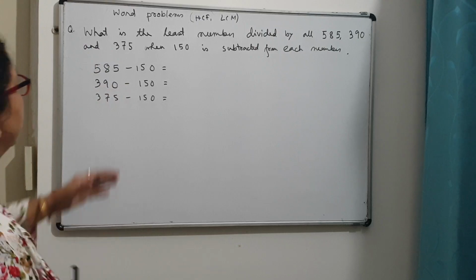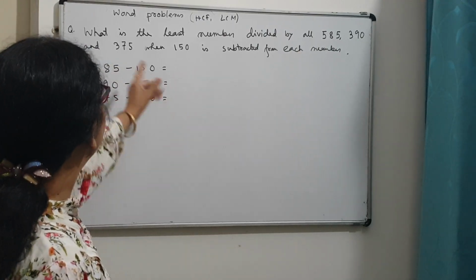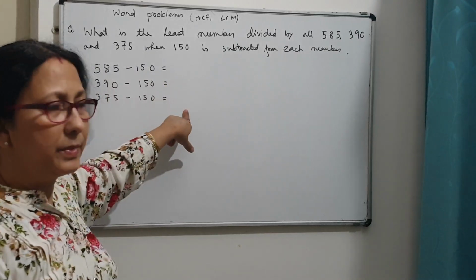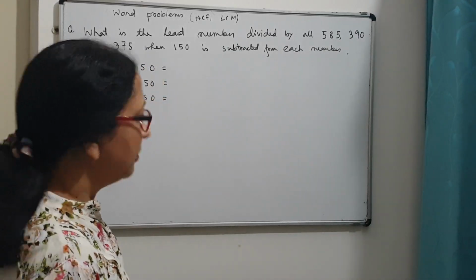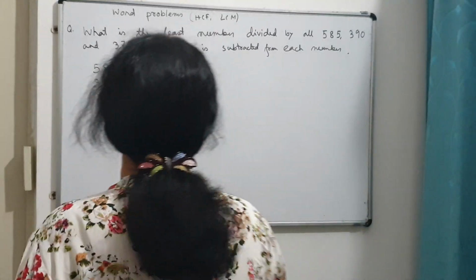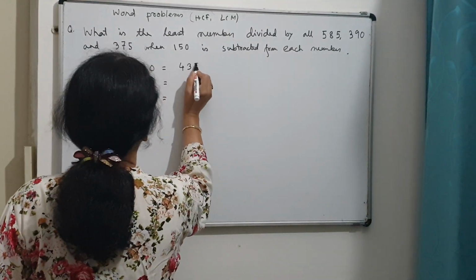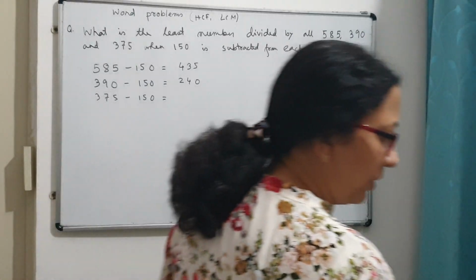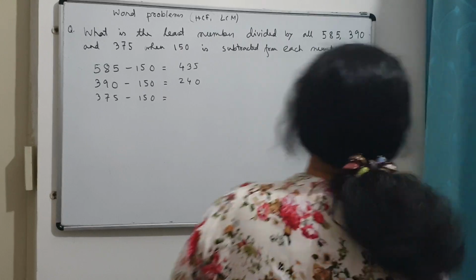So the numbers that we'll be getting, so what you have to find? The least number divisible by these three. Let me find out the numbers after subtraction. 435, 240, and the last one is 225.